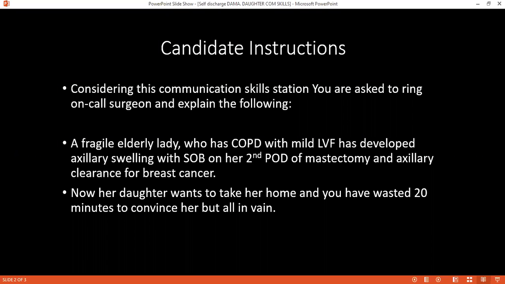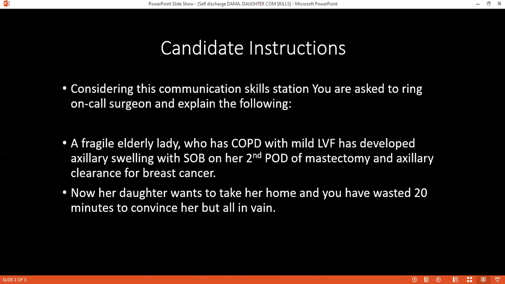I will inform them which complications may occur with premature discharge, and the signs to look for, like increased shortness of breath or the patient feeling more unwell, in which case they should go to the nearest emergency hospital or contact our hospital. And I will also inform the local GP and social worker.